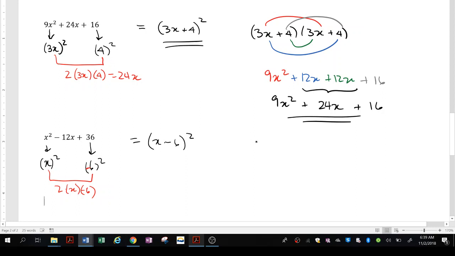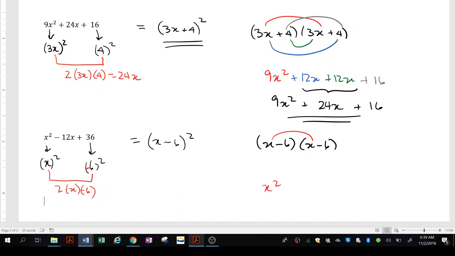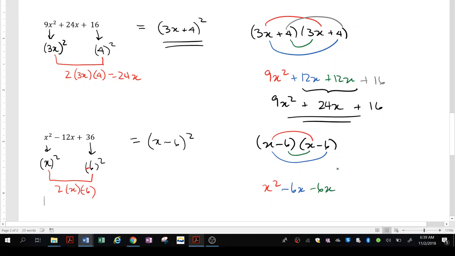And again, we can FOIL to double check. x minus 6 times x minus 6, I have to expand that. And our first terms give us x squared minus 6x minus 6x, and here we have minus 6 times minus 6, which gives us plus 36.